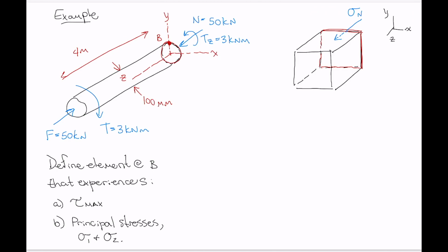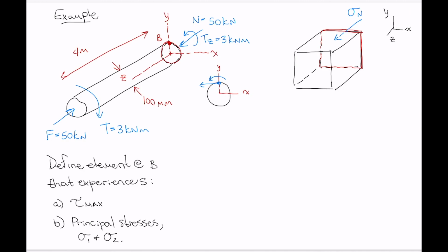So if we look at the two-dimensional view of that cross-section, like this, where our y-axis is pointing upwards like this, and our x-axis is pointing over, that internal torque is around in that direction. So point B here is going to be sheared tangent to the circumference and in the direction of the torque. So that's a shear stress that is pointed in the negative x direction.